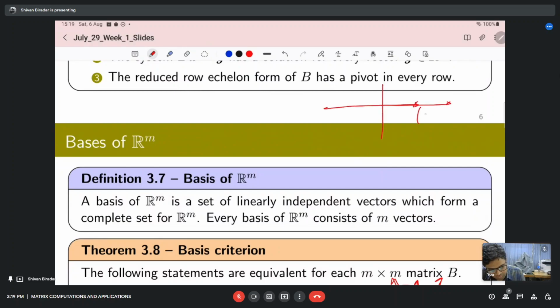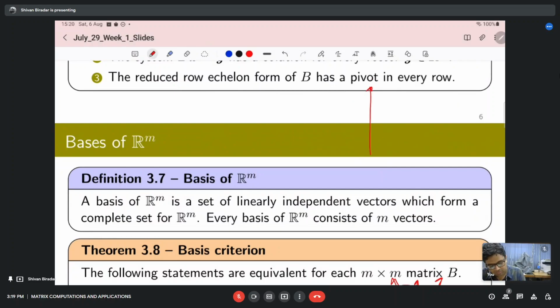I have 1, 0 and 0, 1. If I take the span of these two vectors, then as you know, I can generate all the vectors in this two-dimensional space. Then I can call this vector and this vector, 0, 1 and 1, 0, the basis of R2. So this is what basis means.